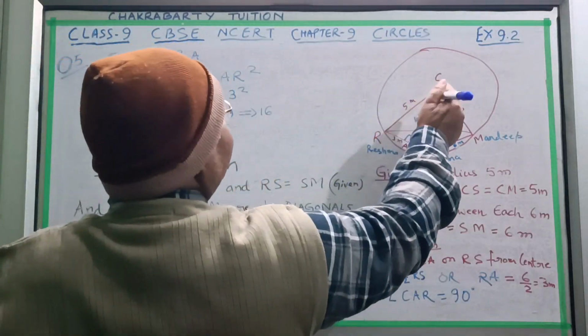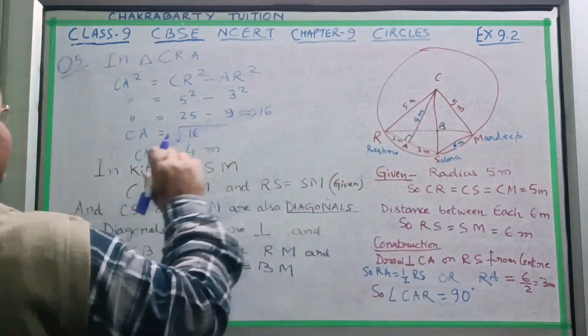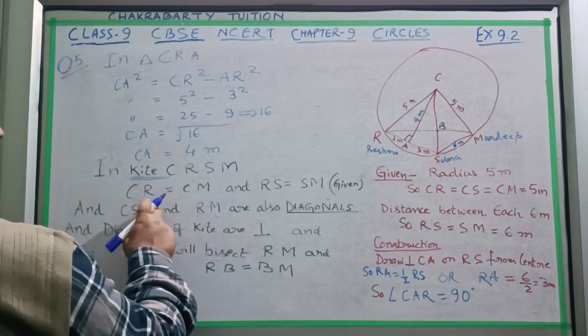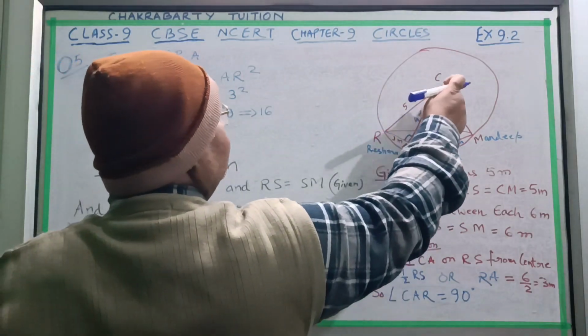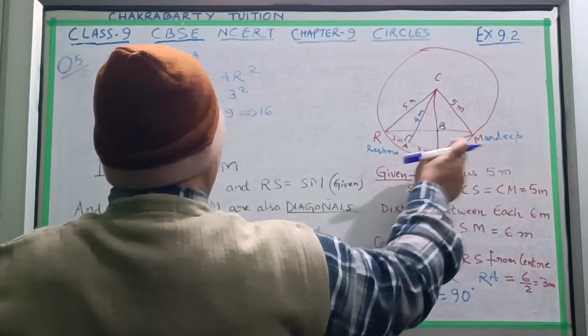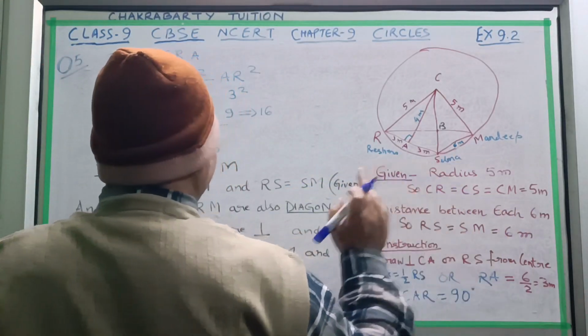Now you see it is a kite, CRSM. CR equals CM and RS equals SM, because it is given here.